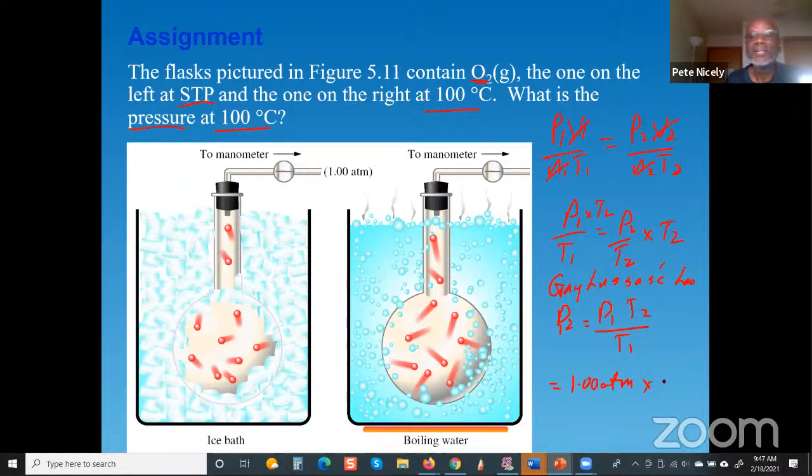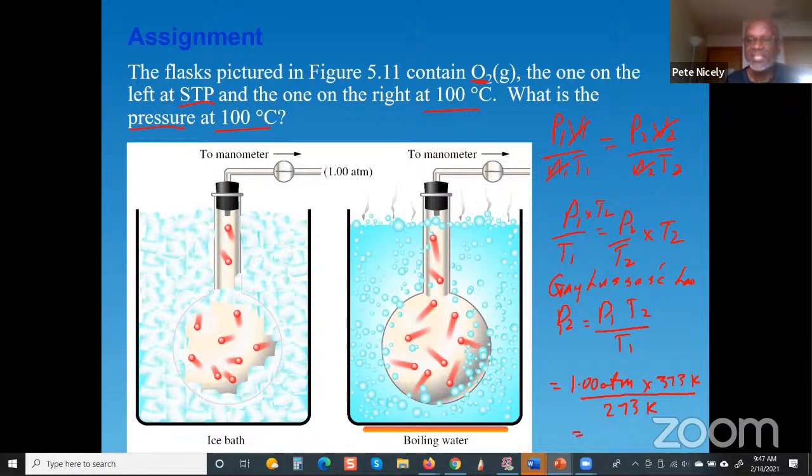times T2. Now T2 would be the higher temperature, which is 100 degrees, but of course, remember we said that when using these laws, the temperatures must be expressed in Kelvin. So I'm going to put 373 Kelvin here. And then all of that would be divided by T1, which is standard temperature, which is 0 degrees Celsius, which is the same thing as 273 Kelvin. And then we do our number crunching.